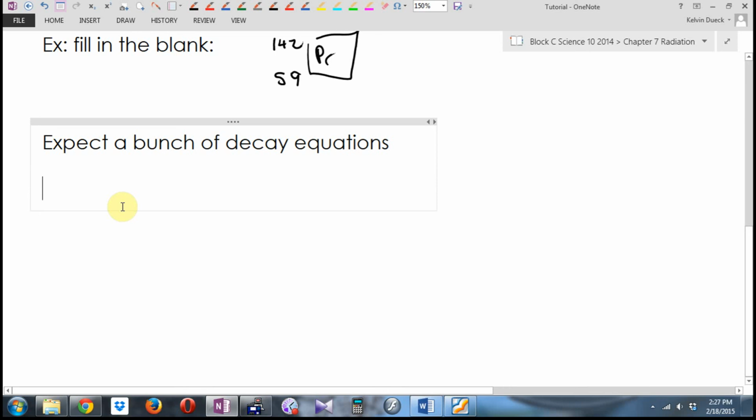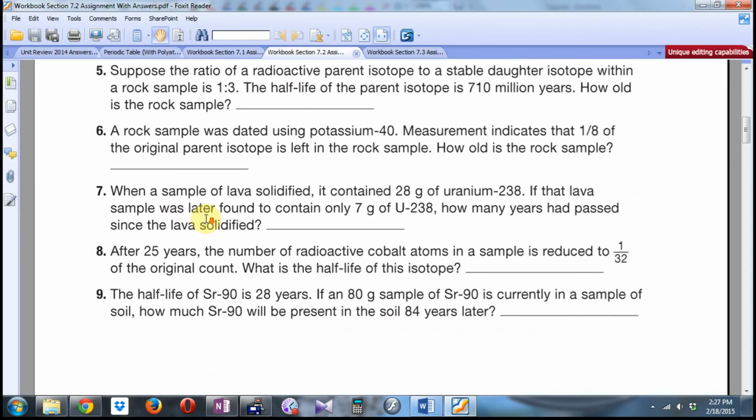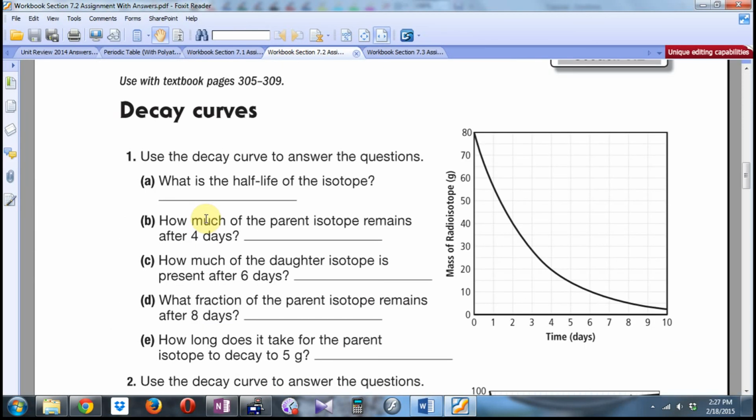One thing we didn't do, we did do in the homework, reading a decay curve. Something like this. Okay? I'll have no problem on the written or on the multiple choice giving you some kind of a decay curve. What's the half-life of this?